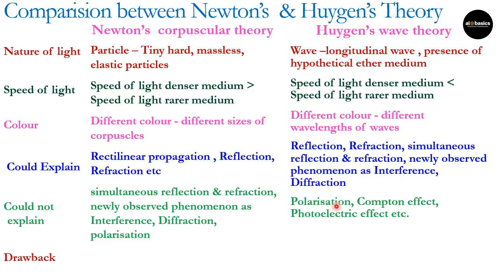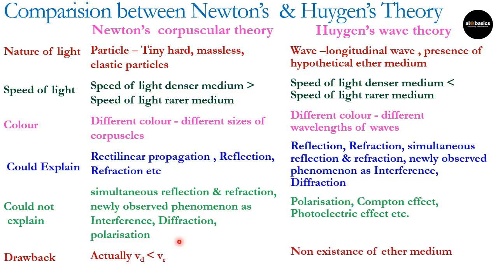Now, what is the drawback of these two theories? The drawback is that the speed of light in a denser medium is less than in a rarer medium. This is a contradiction with Newton's theory. According to Newton, the speed of light in a denser medium is greater than that in a rarer medium.